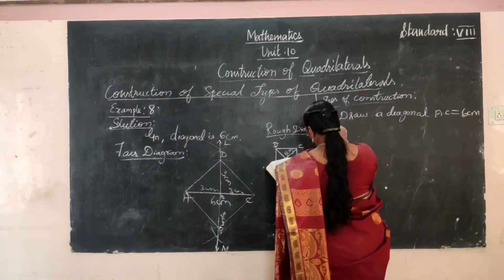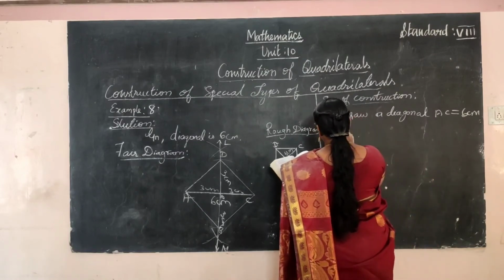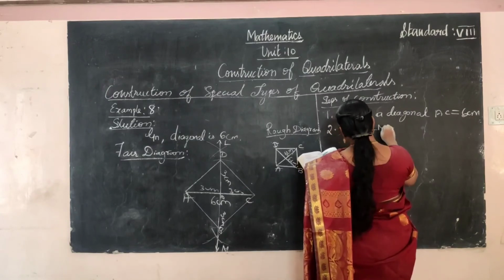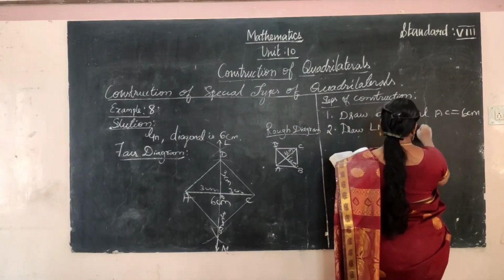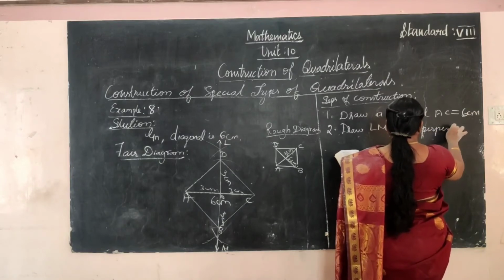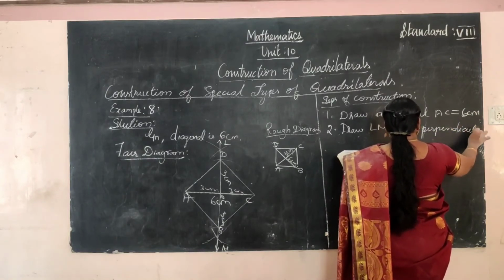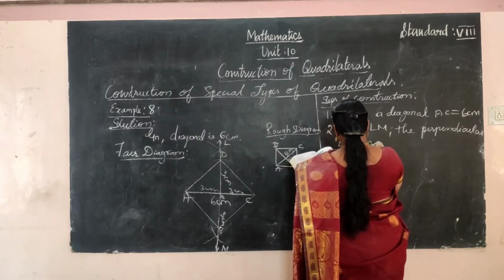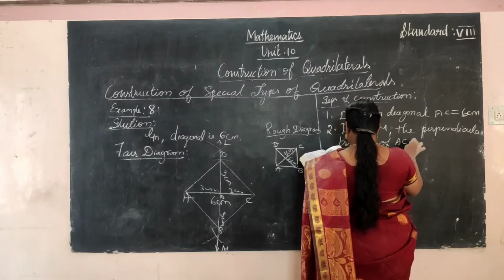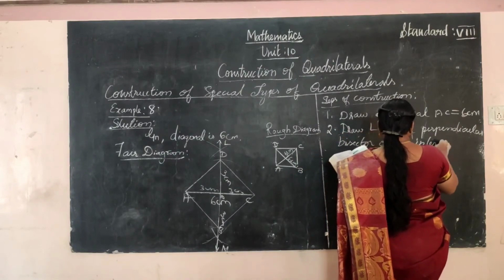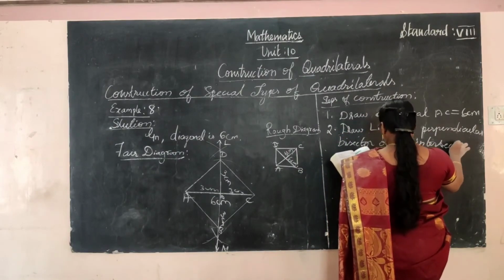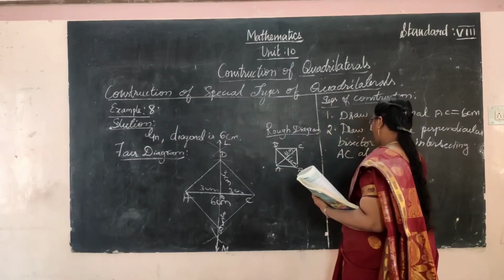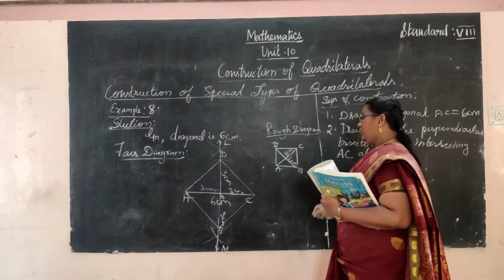Okay, second step, draw LM, the perpendicular bisector of AC, intersecting AC at O.